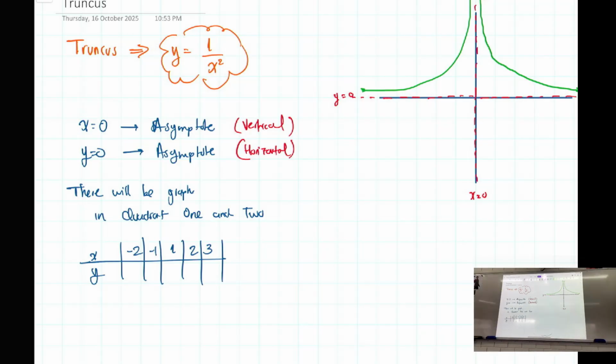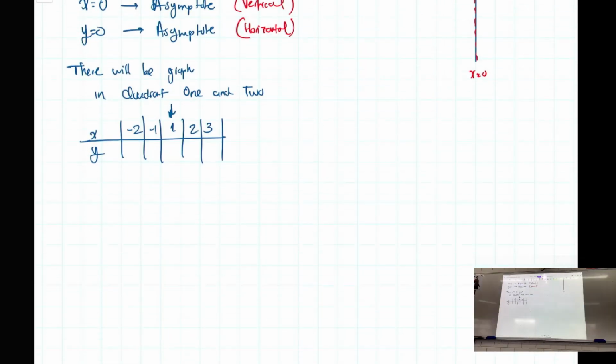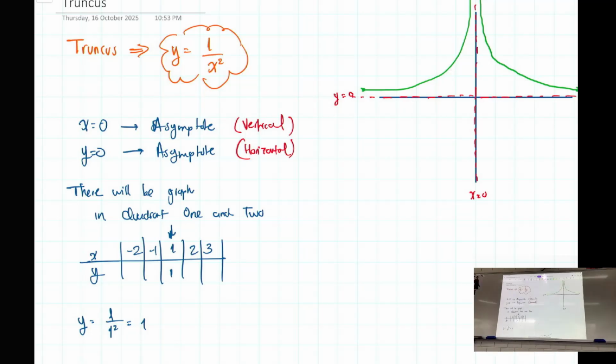So when I have y equals 1 over x squared, I'm going to start with this one. When the x value is 1, what will be my y value? 1. So it's like y equals 1 over 1 squared, which is 1. There you go. So let's plot that one: 1, 1.